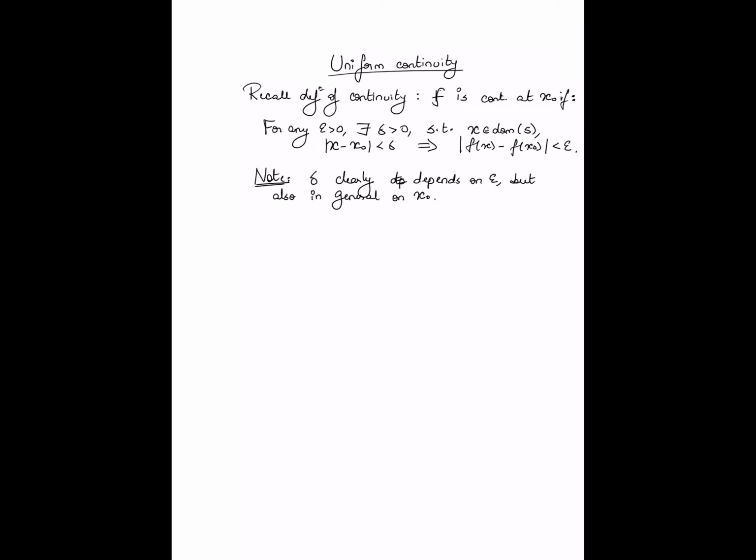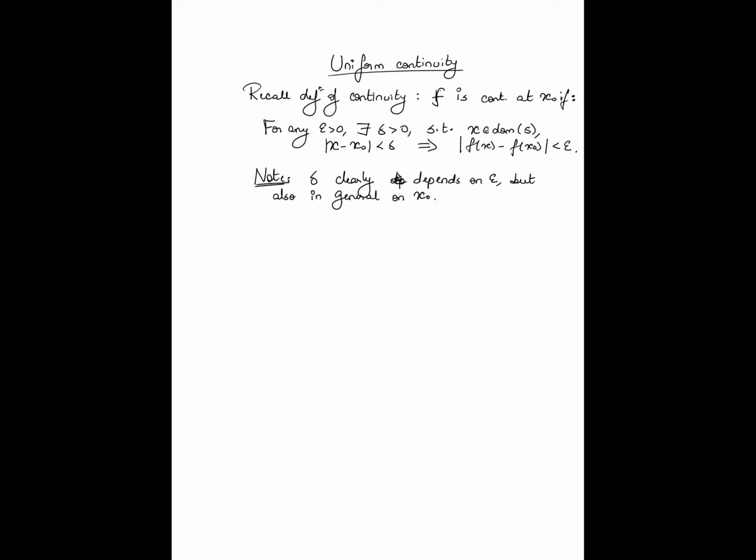Right, so in the original definition of continuity, all of this is basically specialized to the point at which I'm actually looking to argue continuity, right? So the delta clearly depends on epsilon, but can also in general depend on the precise x0 that you are trying to prove continuity at, right?